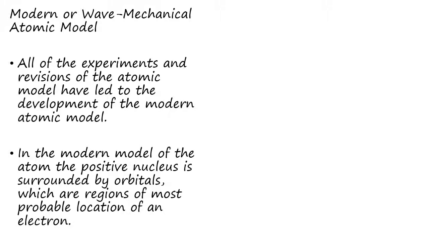And so in the modern atomic model, we still have a positive nucleus, and it's surrounded by not orbiting electrons, but orbitals. And these orbitals we like to think of as regions of most probable location of an electron. So they're not definite, they're more of like a cloud.